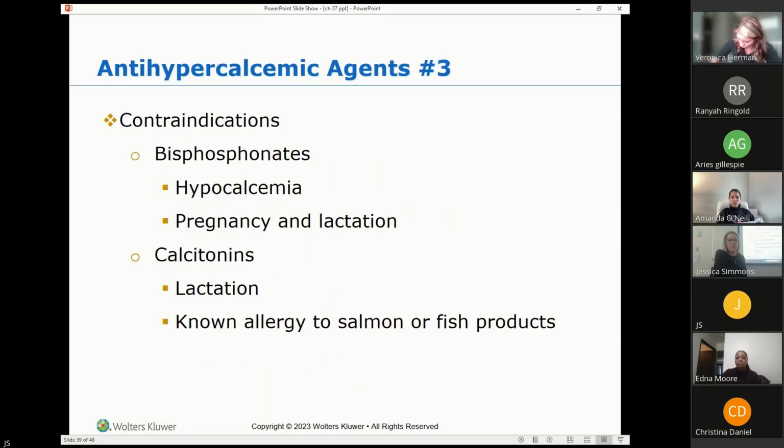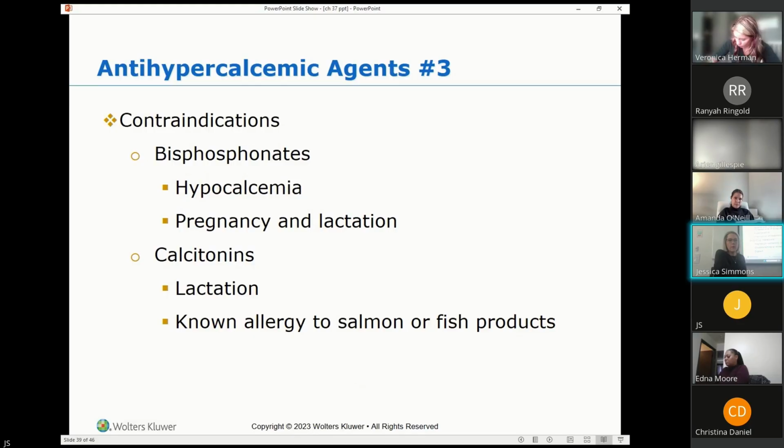So on page 639 is where we start talking about anti-hypercalcemic agents. So these drugs are used to treat PTH excess or hypercalcemia. And a common medication for this class is called alendronate, which is Fosamax.